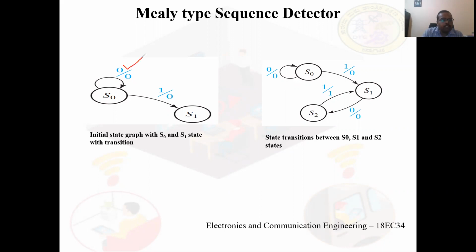When the input is 0, the next state is also equal to S0. Here you can see 0/0. This is written as X/Z, the input divided by the output. You can write it as X/Z.